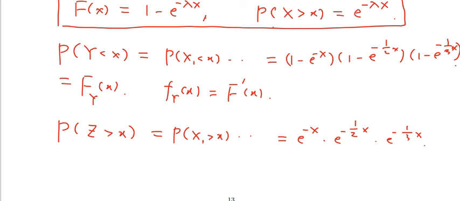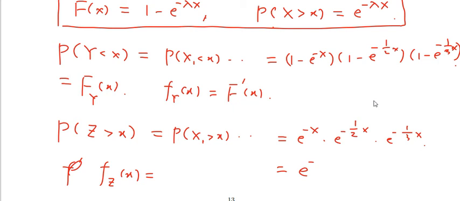So, the density function for Z: let's put them together. It is 1 plus a half plus 1 over 3. So 1 plus a half plus 1 over 3 equals, over 6, 6 plus 3 plus 2, right?